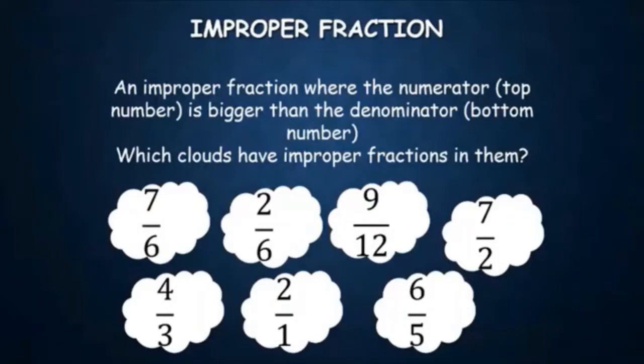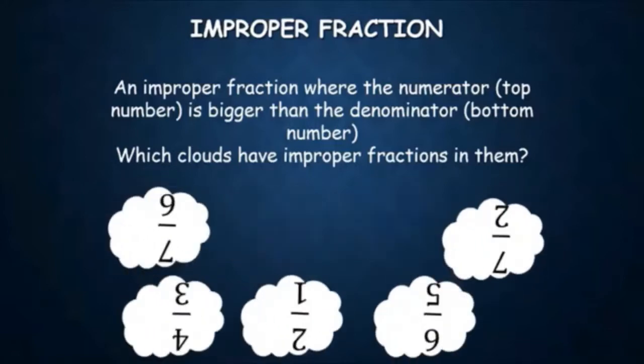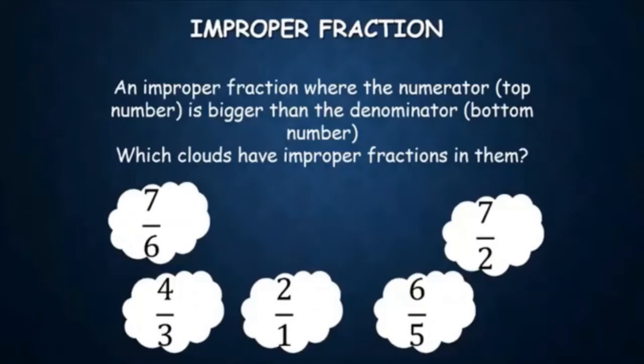Now let us solve this question, where we have to find the improper fractions. 7 by 6 is an improper fraction. 2 by 6 is a proper fraction. 9 by 12 is also a proper fraction. 7 by 2 is an improper fraction. 4 by 3 is an improper fraction. 2 by 1 is also an improper fraction. And 6 by 5 is also an improper fraction. So these fractions are improper.